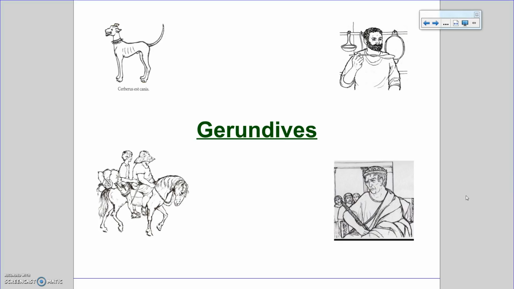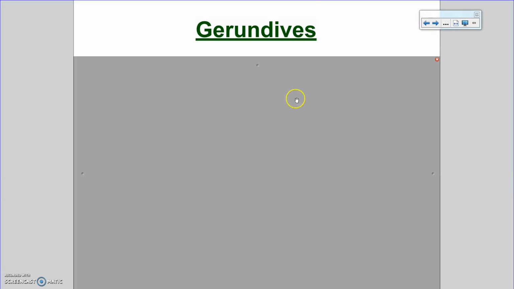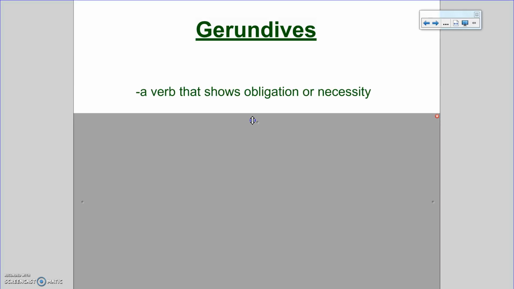Looking at these characters on the screen, you could say, Cerberus, you must eat more food because I can see your rib cage. Grumio, you must get some sleep so you don't get fired for sleeping on the job, so on and so forth. So with gerundives, we are going to be using them to show obligation or necessity.